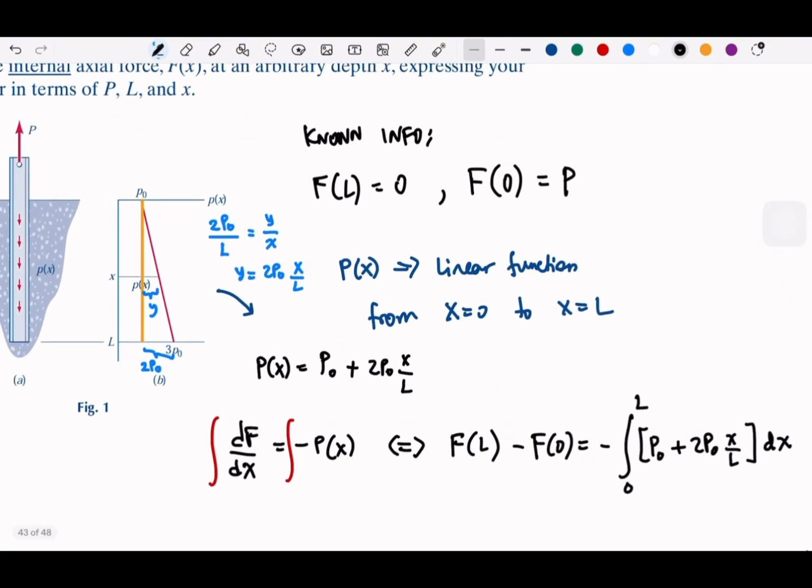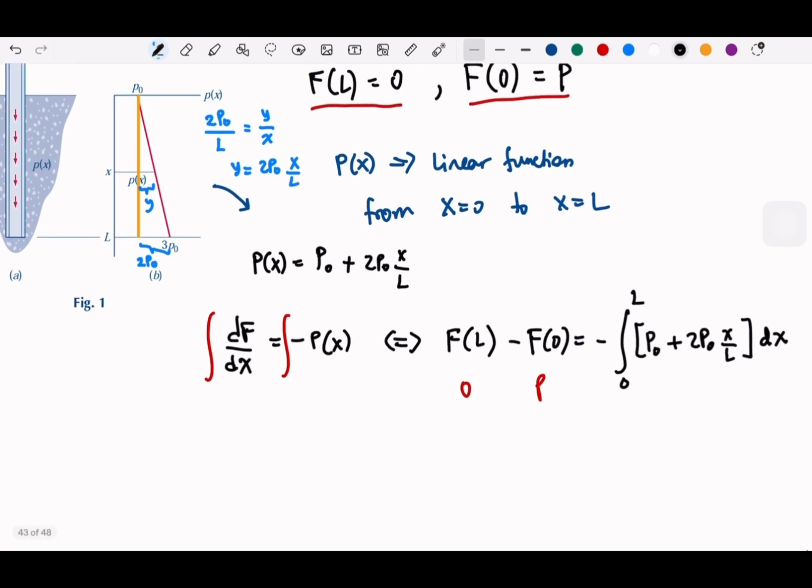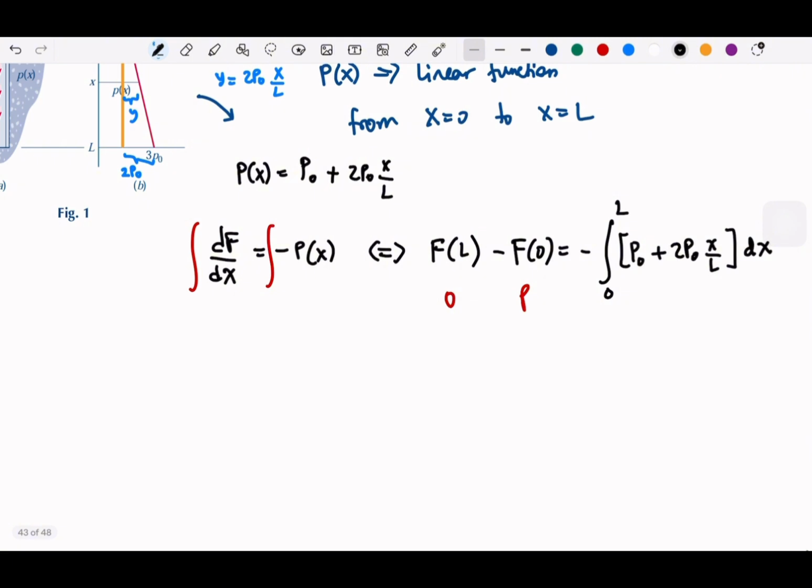And then we know from the information we have that f(L) is 0 and f(0) equal P, right? So we can write this will be minus P minus, and take the integration for the p0 plus 2p0 x over L.